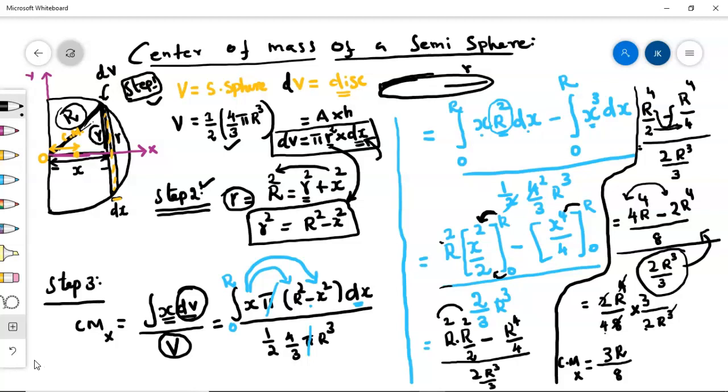That means this is the total radius. 3/8 of the total radius will be the location of the center of mass.